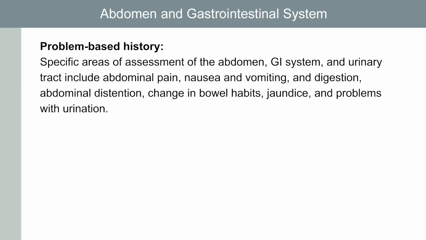When you're going over problem-based history, note that specific areas of assessment of the abdomen, GI system, and urinary tract include abdominal pain, nausea and vomiting, indigestion, abdominal distension, change in bowel habits, jaundice, and problems with urination.